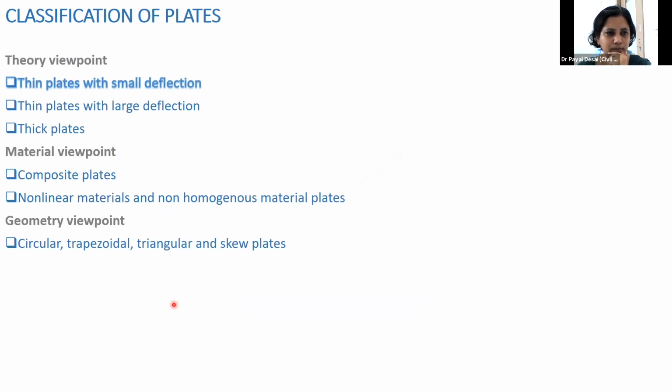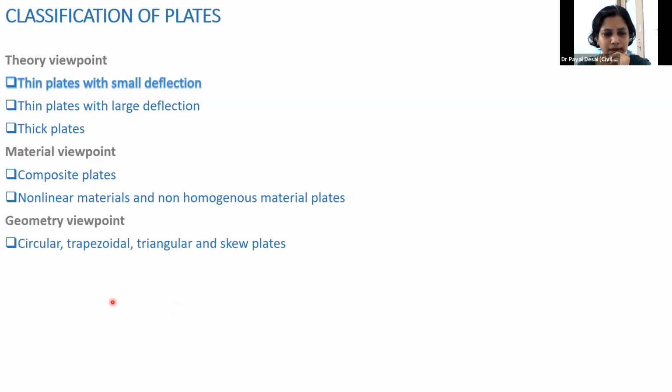So we can basically classify the plates from the theory point of view, because there is a long history in the plate theory development. I will not go into detail of the history part because there are many names, and it is a different subject altogether. There are many mathematicians, scientists, and engineers involved in developing this.